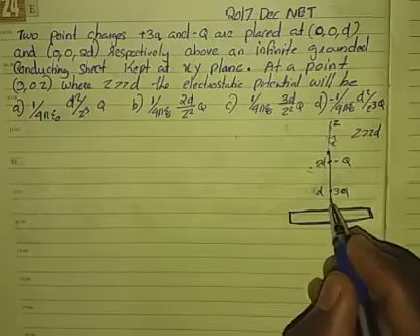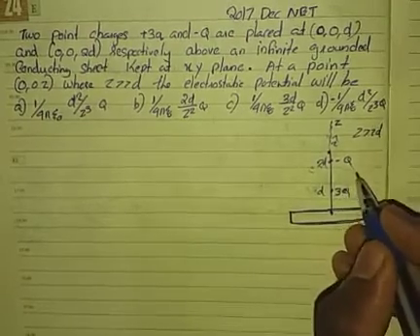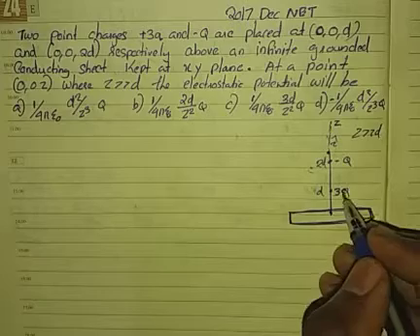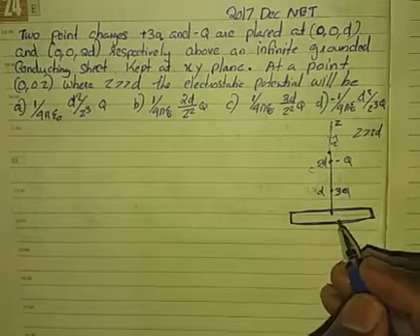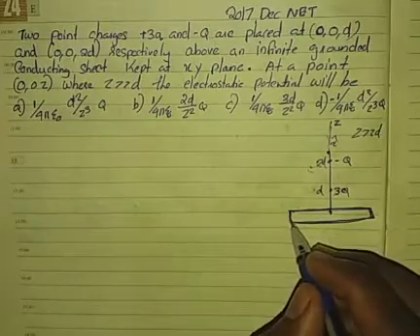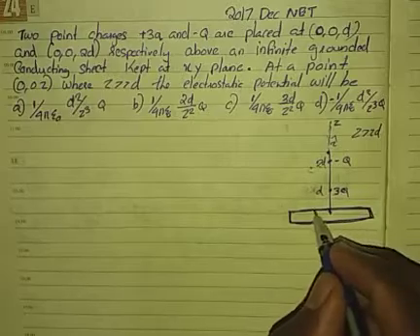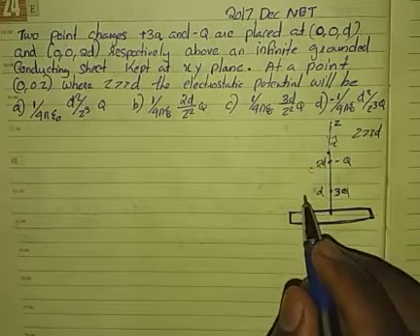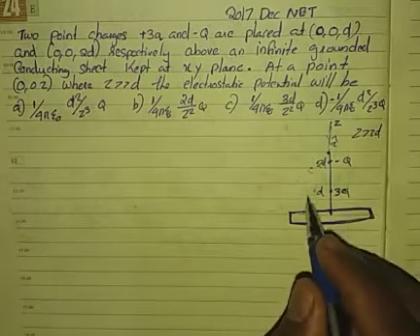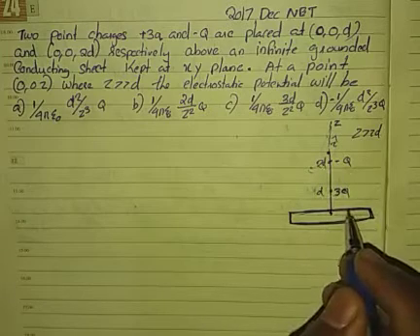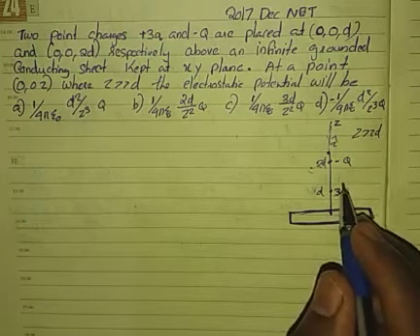Because of these two charges, minus Q and 3Q, there will be an opposite charge accumulation in the conducting plate as a result of polarization. So in order to solve this situation, we need to consider all the existing charges and their associated potential.